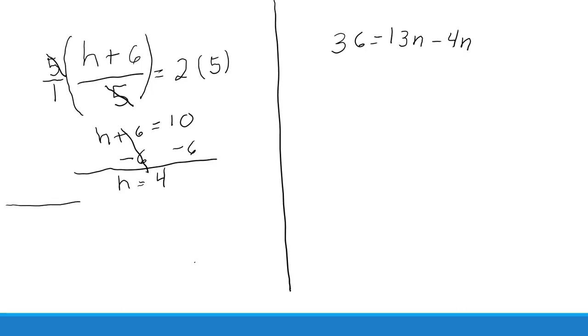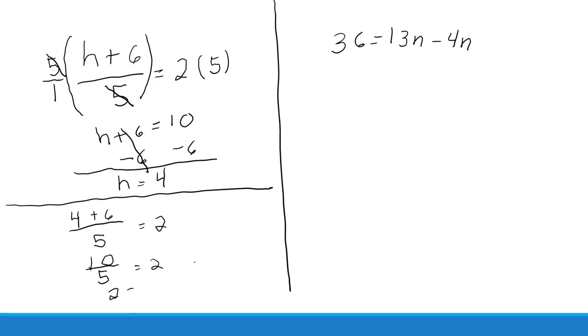I can now go back to my original equation. 4 plus 6 over 5 is equal to 2. 10 divided by 5 equals 2, and 2 is equal to 2, and that's my solution. So h equals 4 is the solution to this problem.